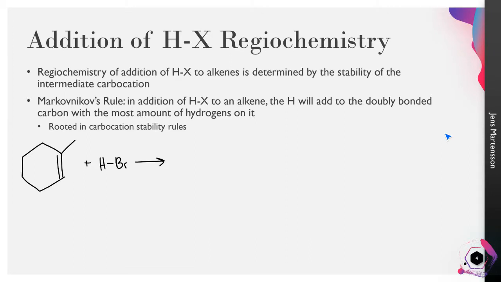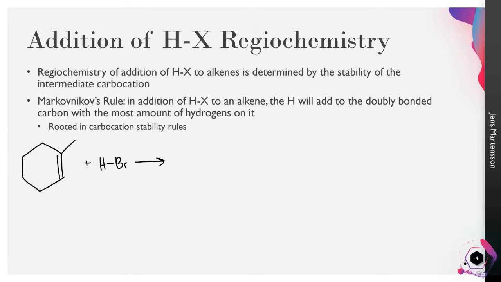Okay, so regiochemistry of addition of HX to alkenes is determined by the stability of the carbocation. Okay, so it follows Markovnikov's rule, which says that in addition of HX to an alkene, the hydrogen will add to the doubly bonded carbon with the most amount of hydrogens on it. Okay, and basically, if you can't remember specifically what Markovnikov's rule is, all Markovnikov's rule is just: make the most stable carbocation you can.